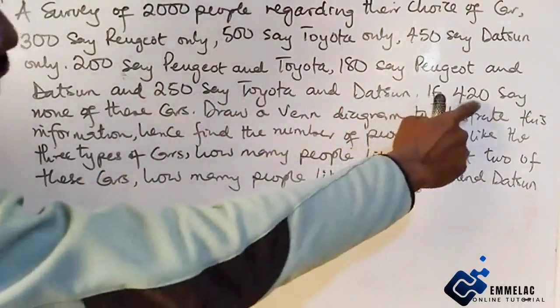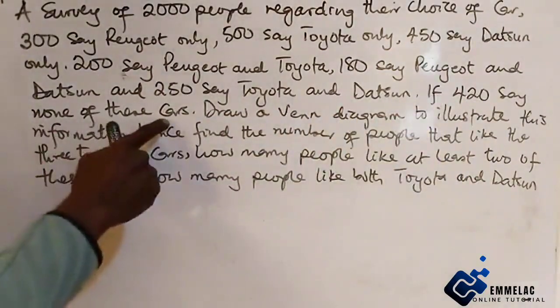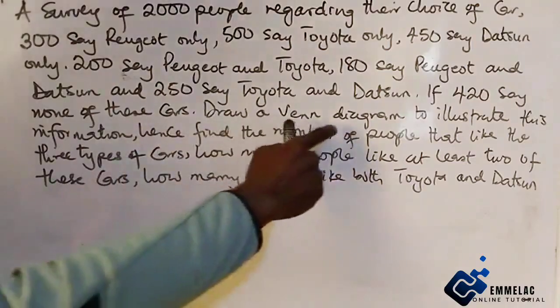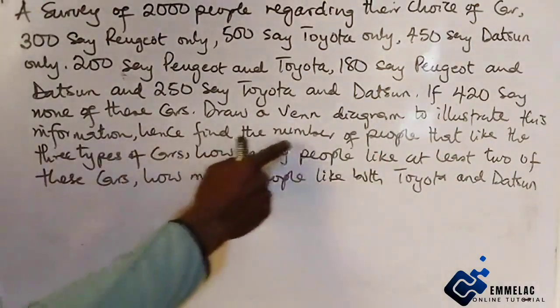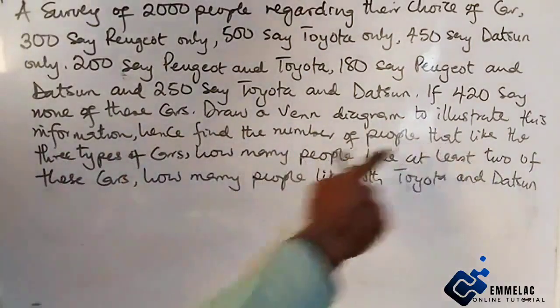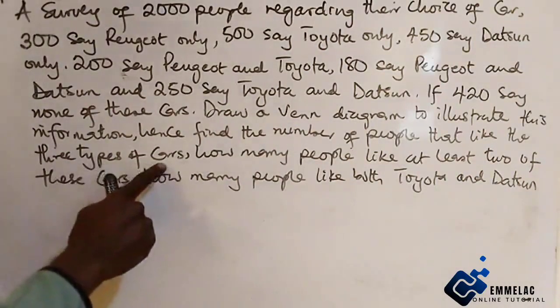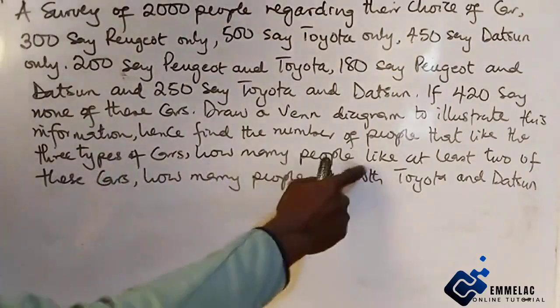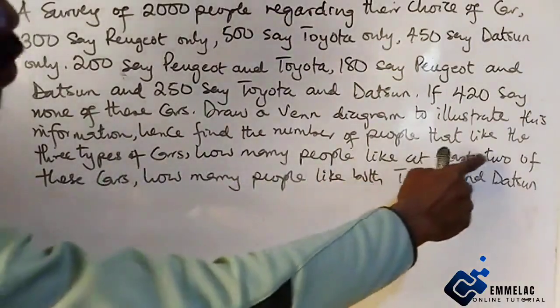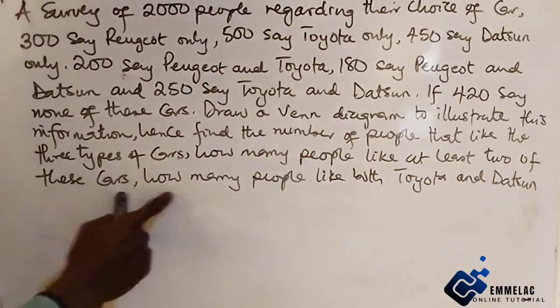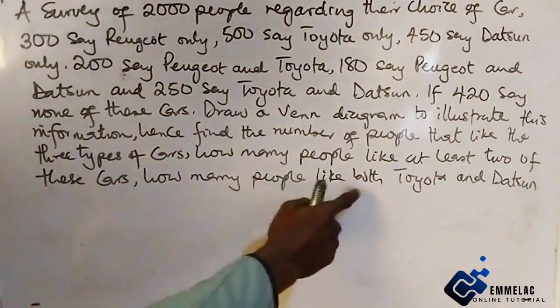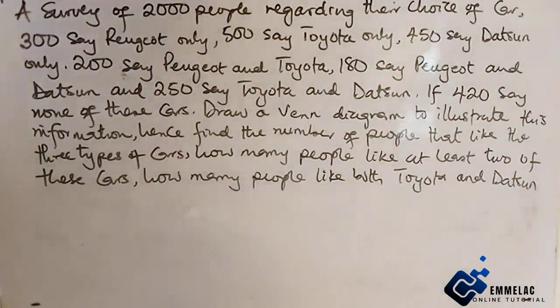If 420 say none of these cars, draw a Venn diagram to illustrate this information. Hence, find the number of people that like the three types of cars. How many people like at least one of these cars? And finally, how many people like both Toyota and Datsun?